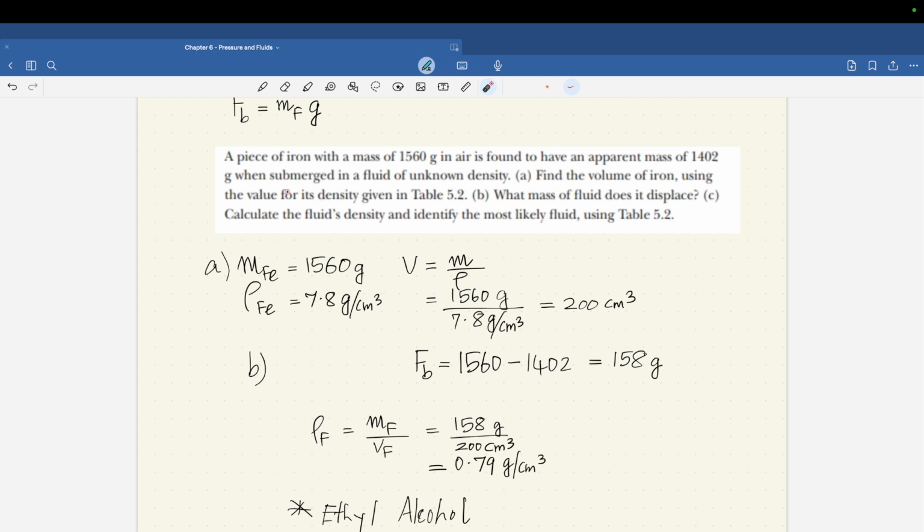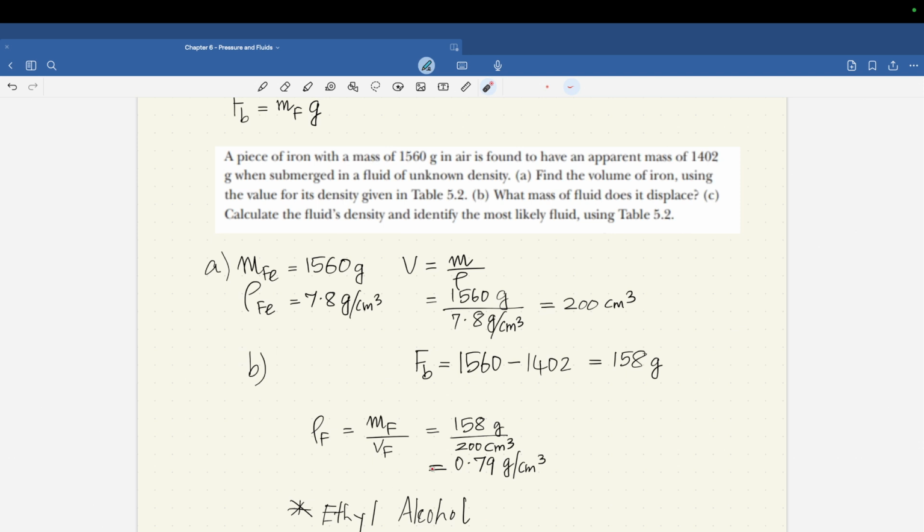Why? Because it's submerged. If a solid is completely immersed or submerged, then the volume of the solid must be equal to the volume of fluid displaced. If only half of it is submerged, then the volume of fluid displaced is half of the volume of the solid.